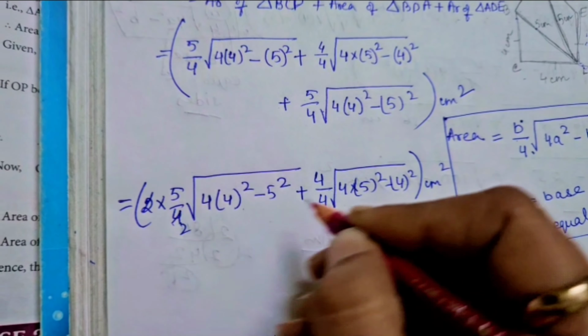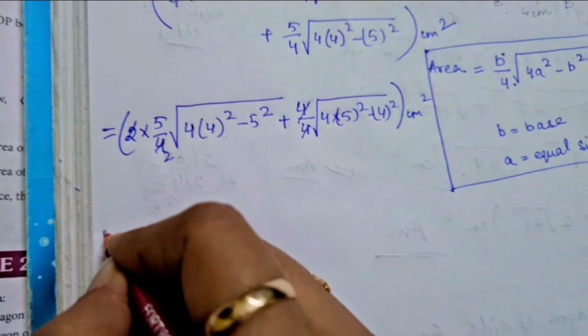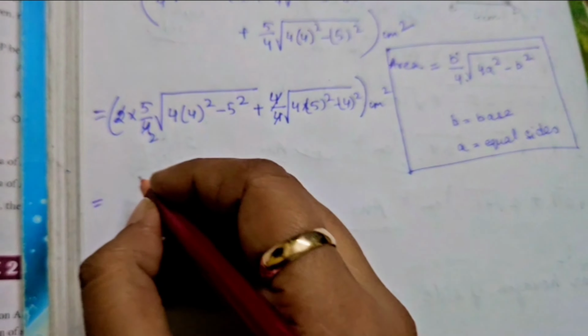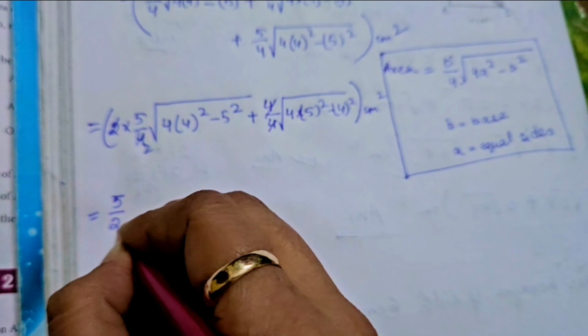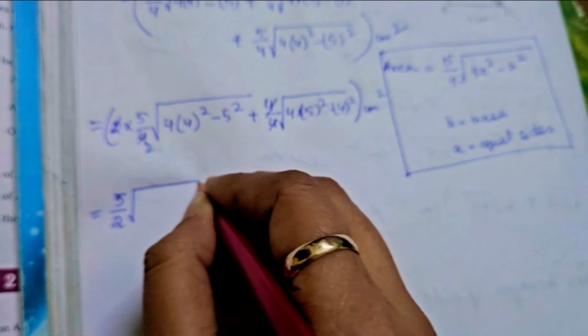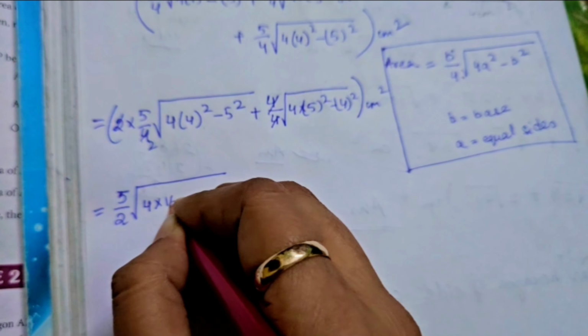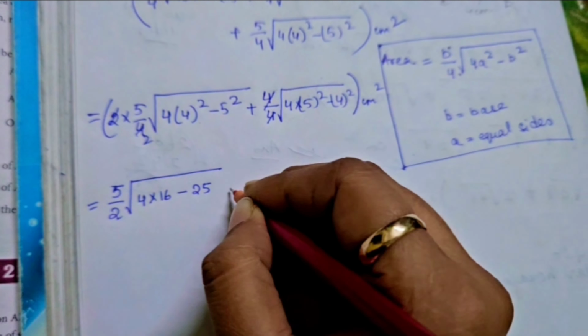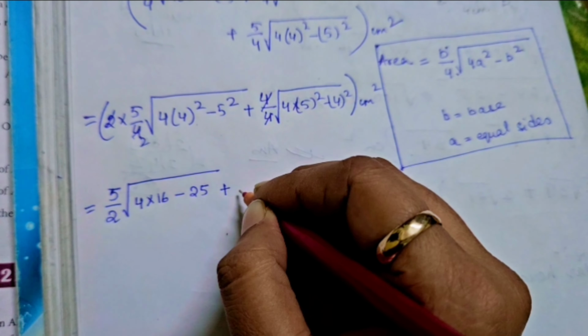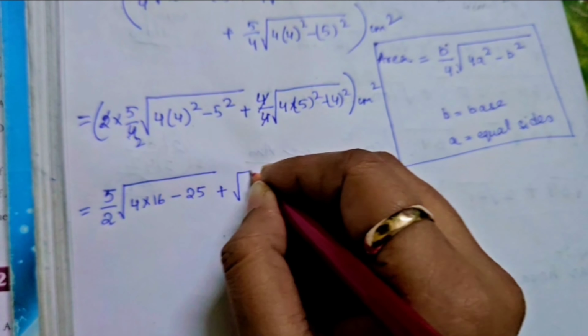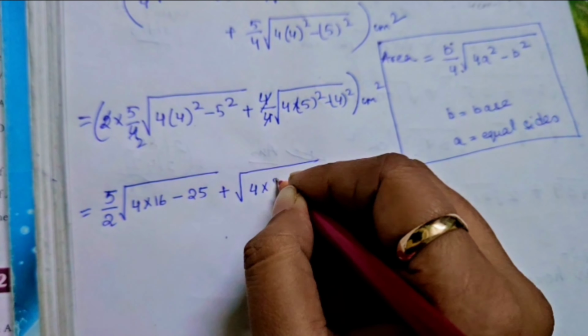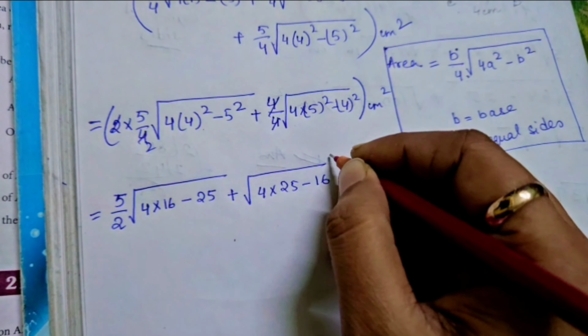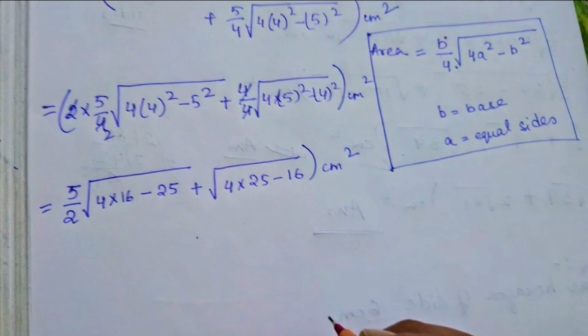We'll cut this 2. The next step is 5 by 2 root of 4 into 16 minus 25 plus root of 4 into 25 minus 16 centimeter square.